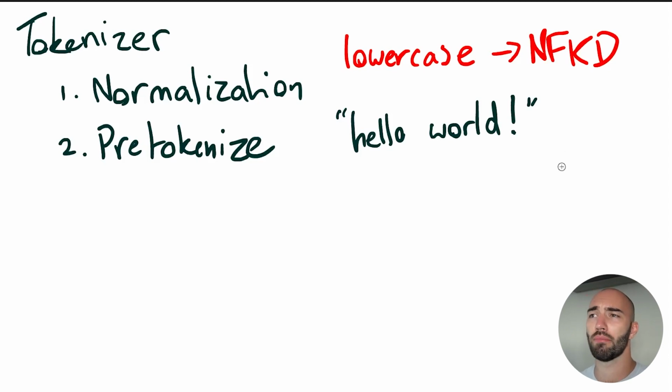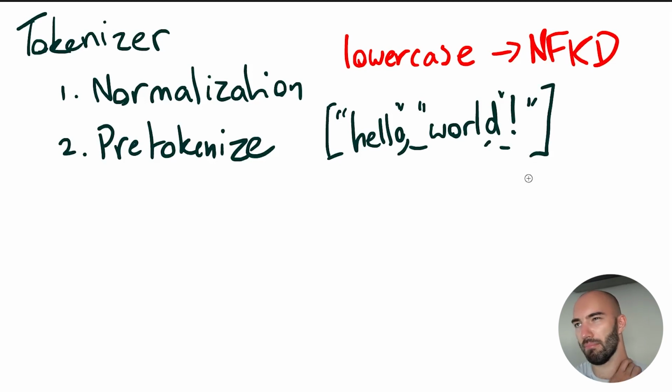So anything with a space in between will get split, and maybe punctuation as well will get split. So from this we get a list: hello, world, and also this exclamation mark. It's messy, but I think that makes sense. So that is the pre-tokenization step.